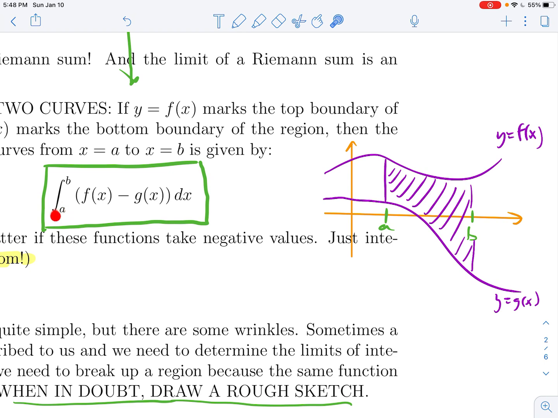A definite integral starting at the number that marks the left, ending at the number that marks the right, and I integrate top function minus bottom function.